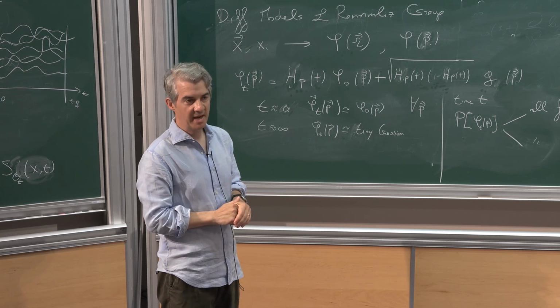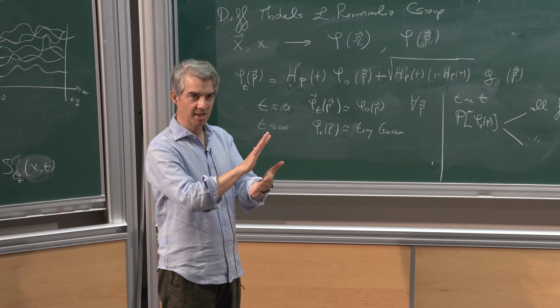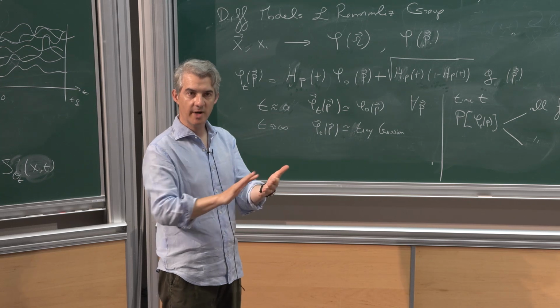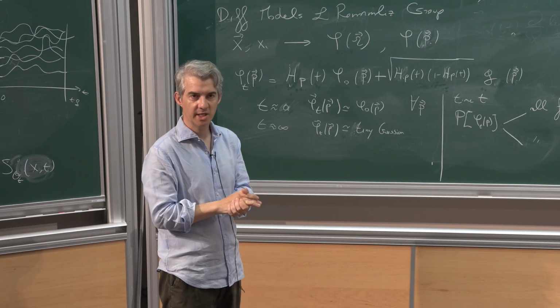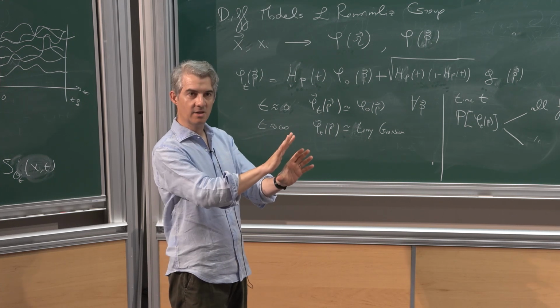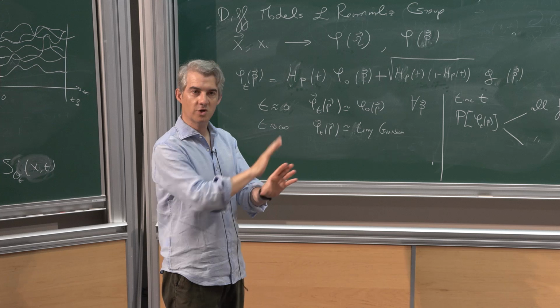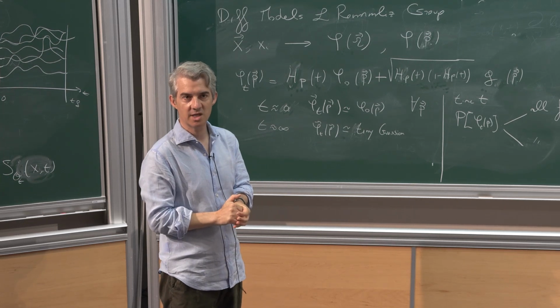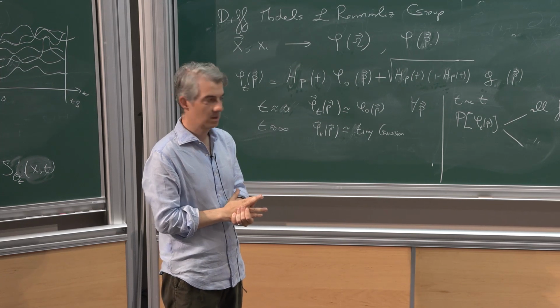In images, in many cases, you take images and then you translate them in all possible directions just to augment. It's called augmentation, so it gives you more images. Even if you start with a data set with images centered like this, then you translate them, so at the end it is translation invariant in many cases.